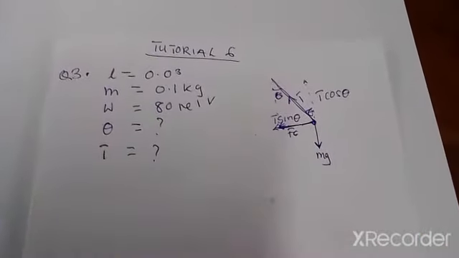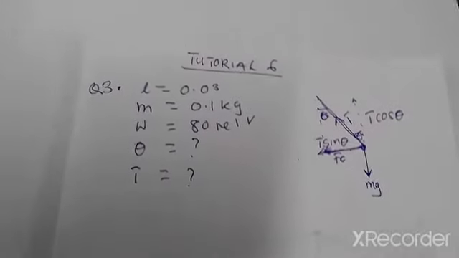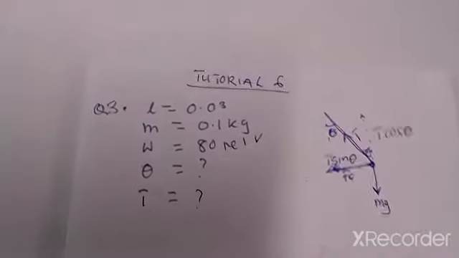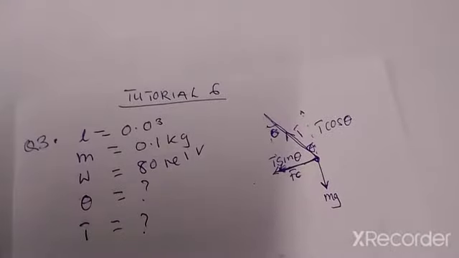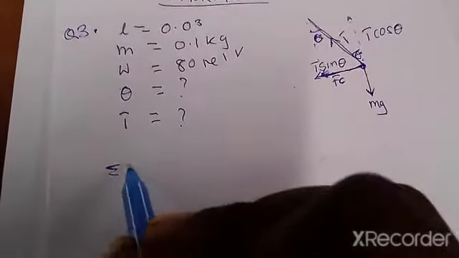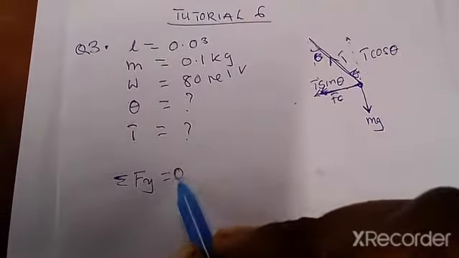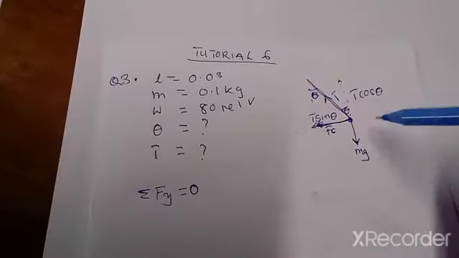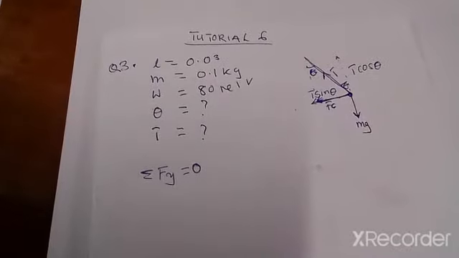Now if we talk of forces in the x and y axis, summing up all the forces, we'll start with the forces in the y axis. The summation of forces in the y axis will give us a resultant of 0, because the object is not in motion at any point in the y-axis.